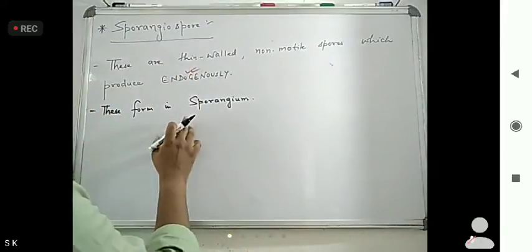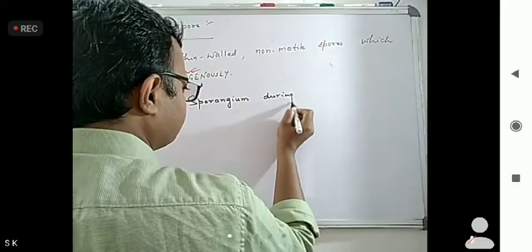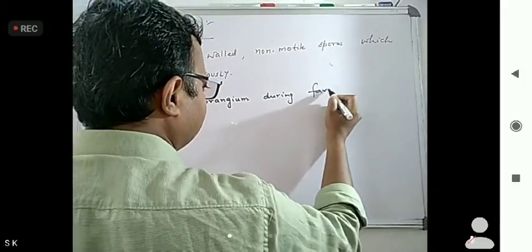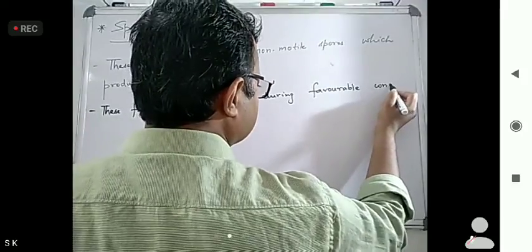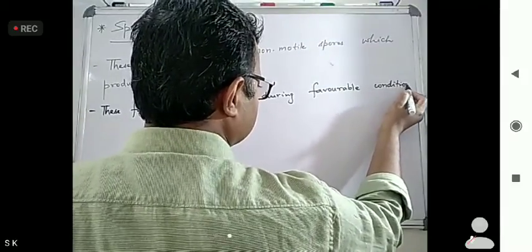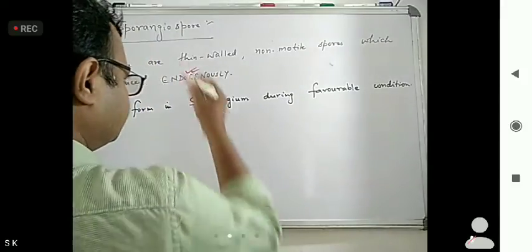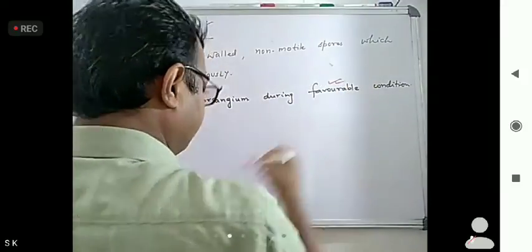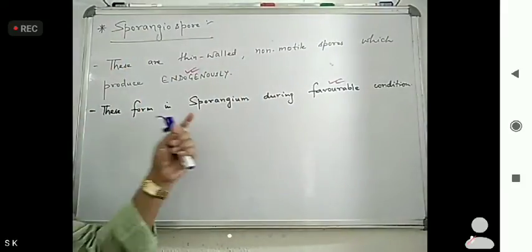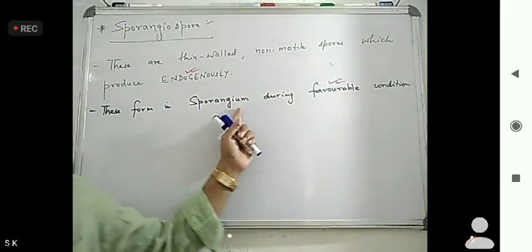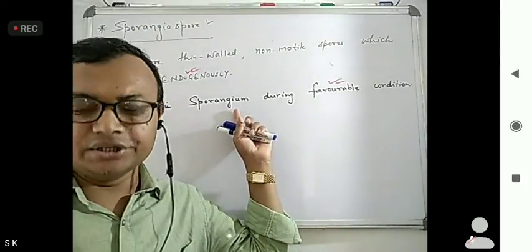So you have to pay attention that sporangiospores form when favorable conditions are present, inside the bag-like structure known as the sporangium.